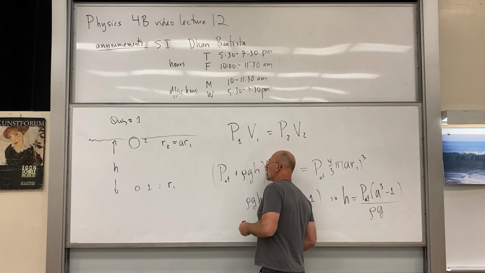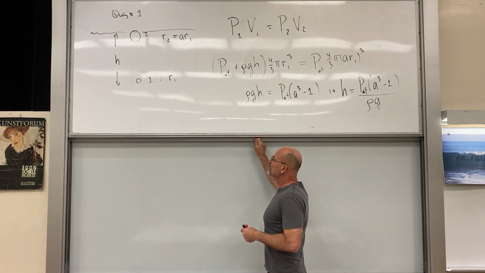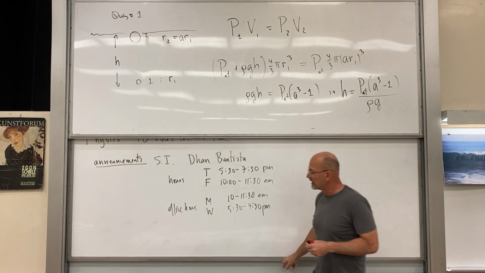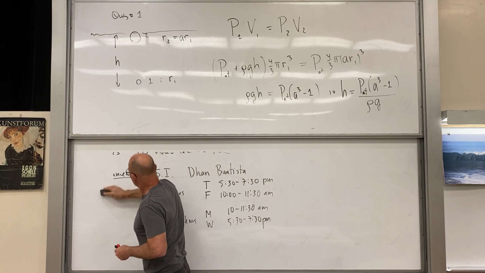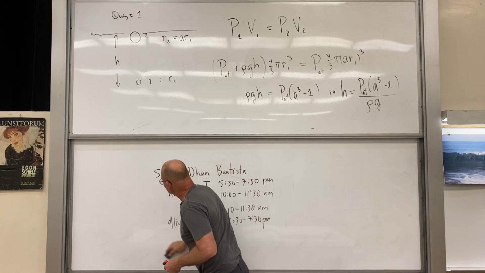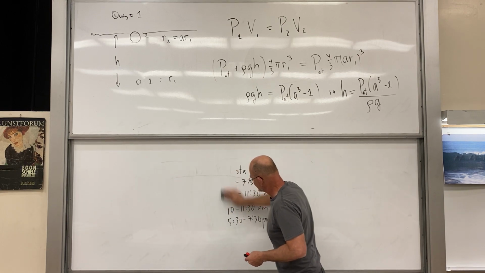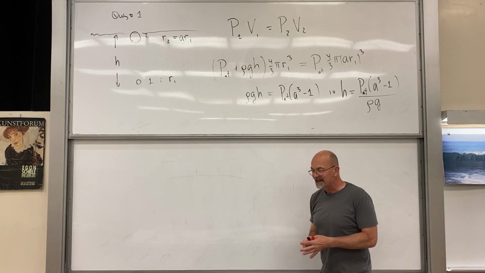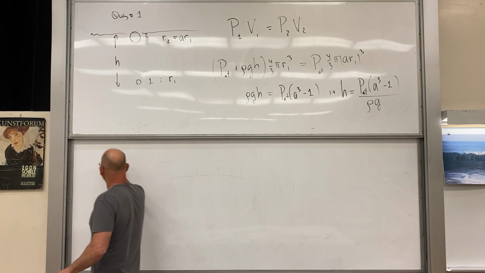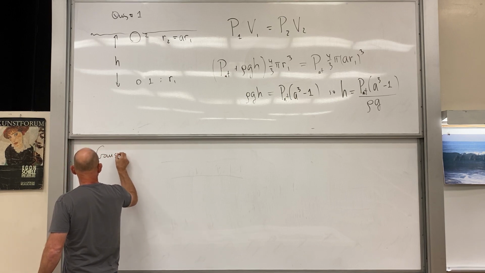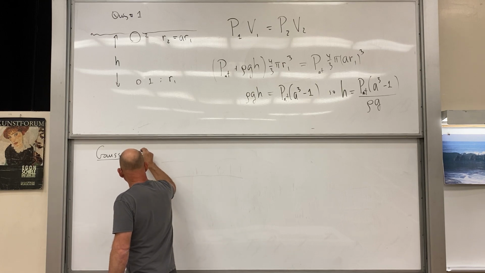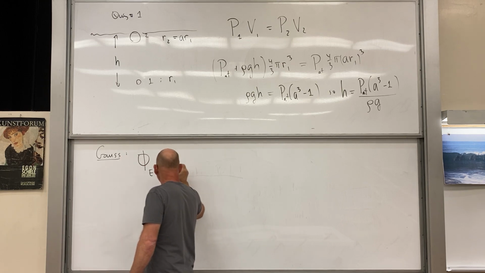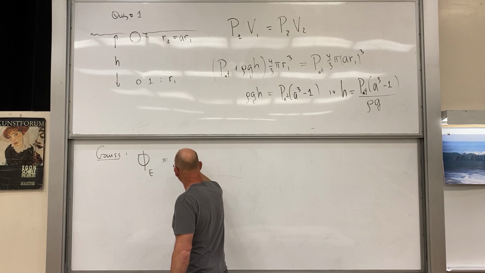Good, moving right along. So now we're back to talking about Gauss's law, which is just a great moment in electricity. First I'll just write it down again. Gauss's law: the electrical flux is equal to the enclosed charge divided by epsilon naught.